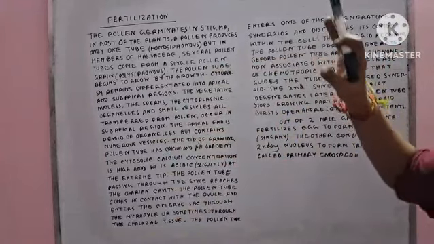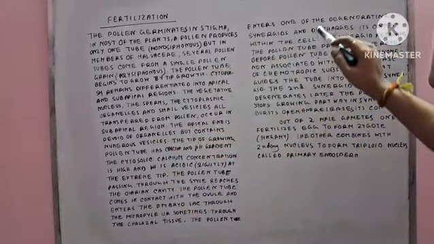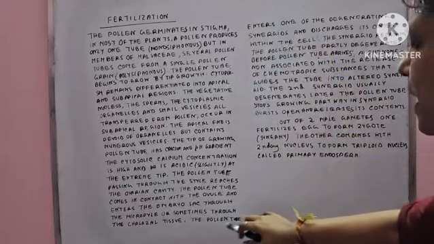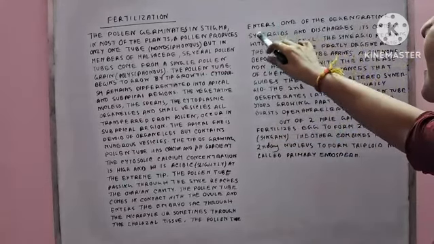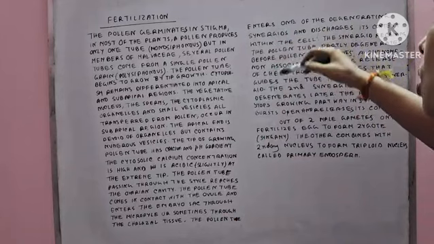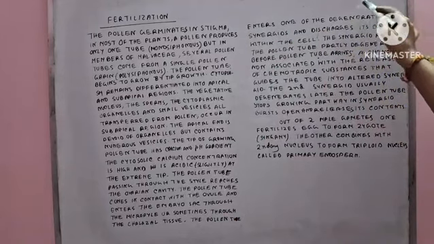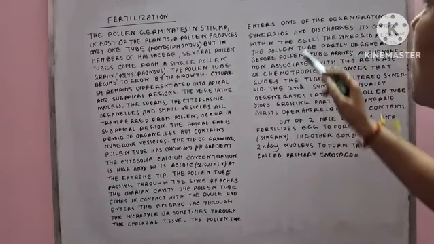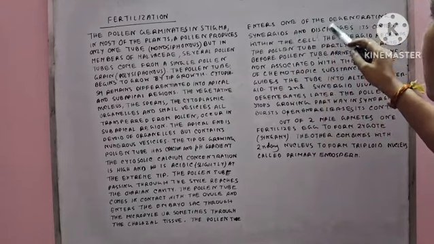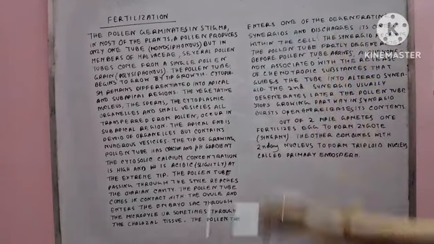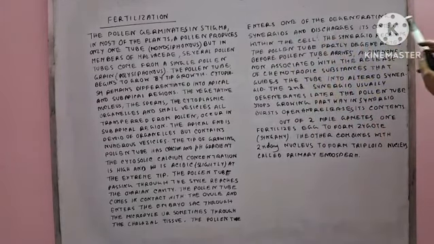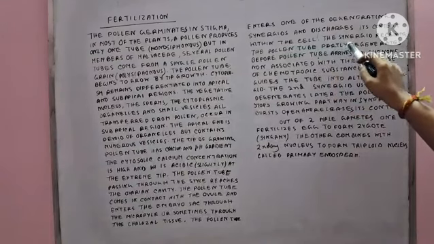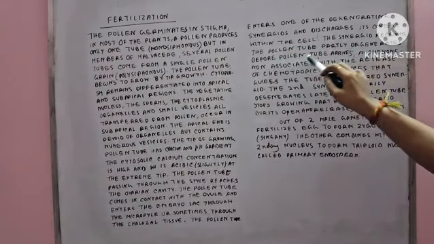A synergid is nothing but a cell. When the pollen tube enters, the synergid has already started to degenerate, and it discharges its content within the cell. The synergid receiving the pollen tube partly degenerates before the pollen tube arrives.